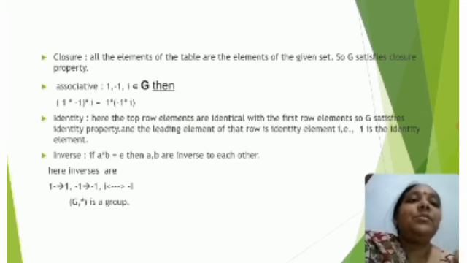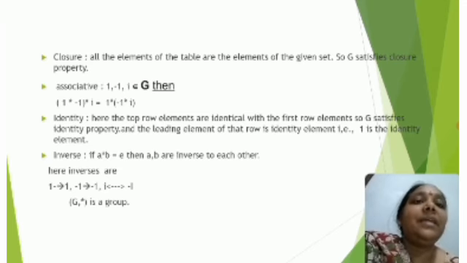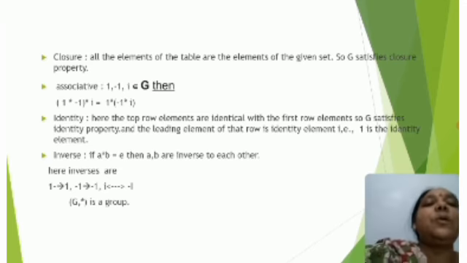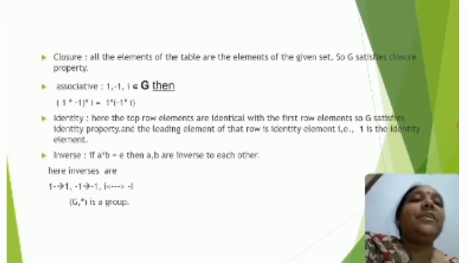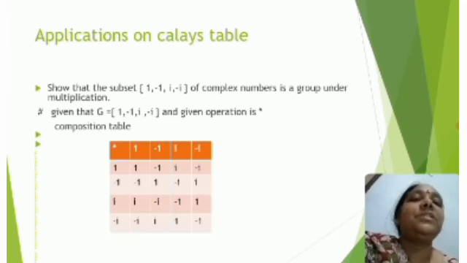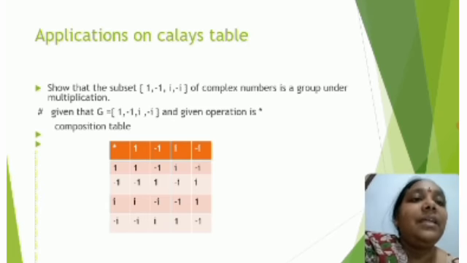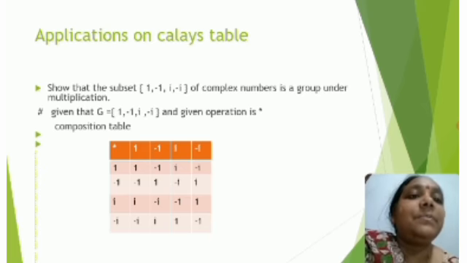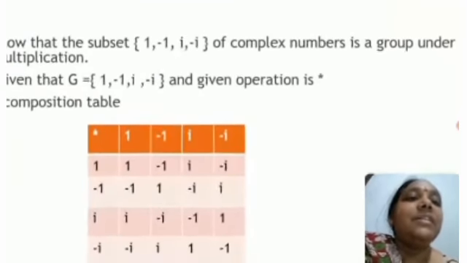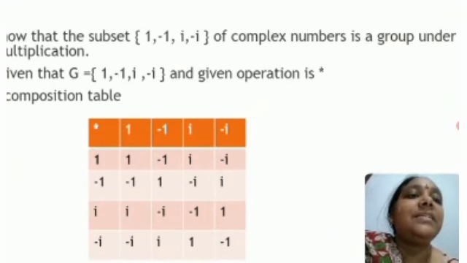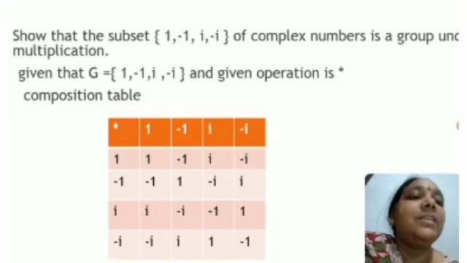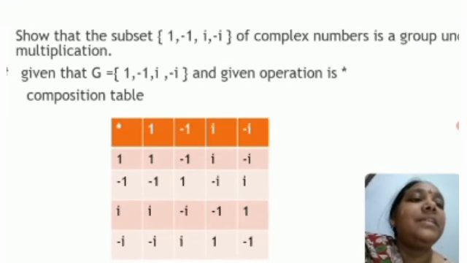Next we have to check whether it is satisfying the inverse property or not. Inverse property means, if a star b is equal to e, then a and b are inverse to each other. First I have to check whether each row contains the identity element or not. First I am checking here. One is the identity element in every row.